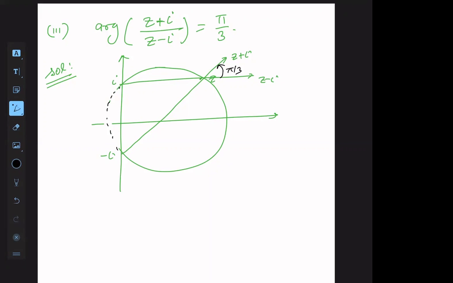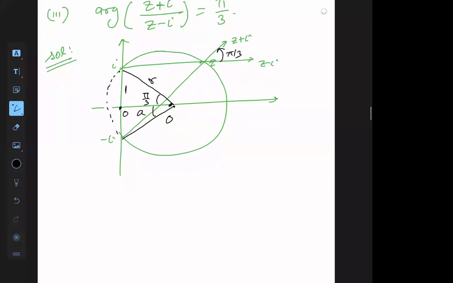Now let's say this is the center. I have to find the center O. So this is pi by 3. This one is 1. Let's say this is origin, so let's say it is A and radius is R. So sine pi by 3 is equal to 1 by R. So R is 2 by root 3.